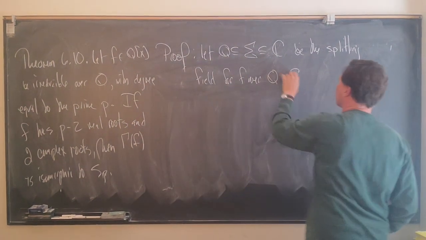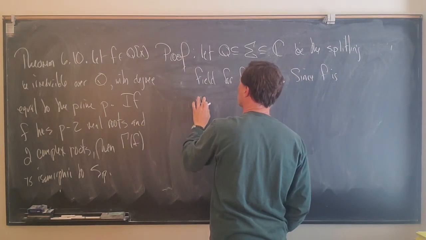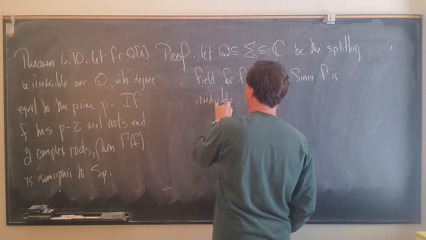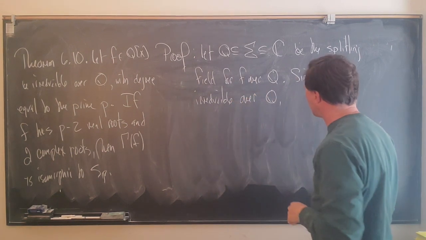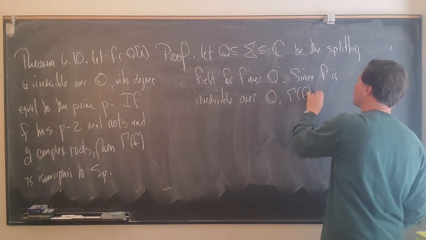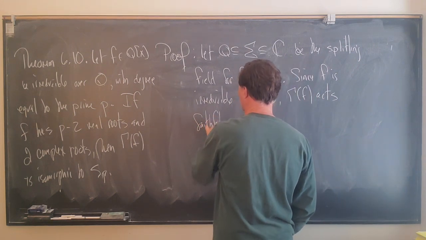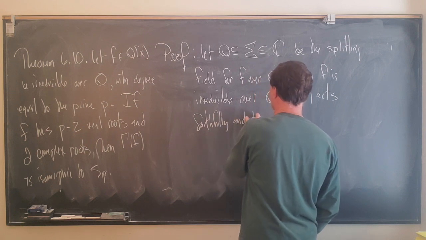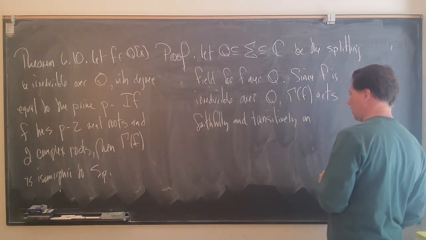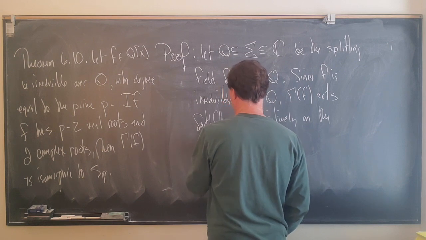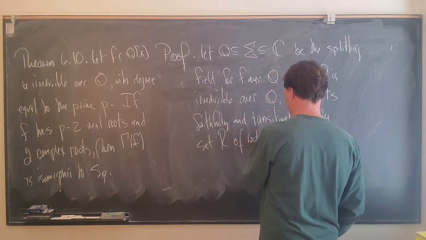Now, since f is irreducible over Q, we know that the Galois group, so Gamma of f, acts faithfully and transitively on the set of roots of f, so on the set R of roots of f.